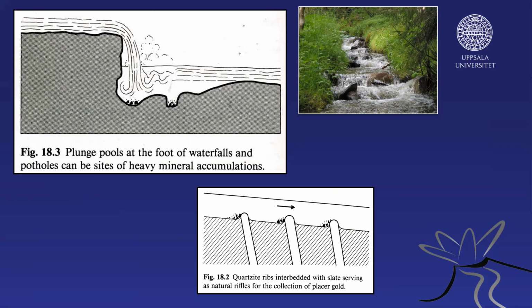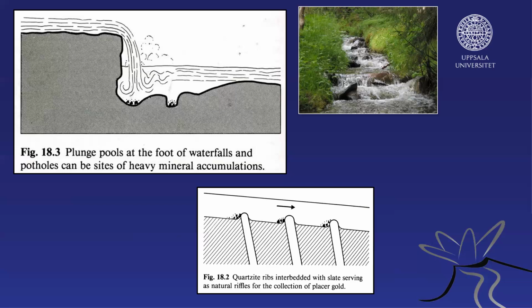But if you have features like that, you will deposit first the heaviest particles, minerals and metals with the highest density, and then you will have deposition of metals and elements with a lower density.